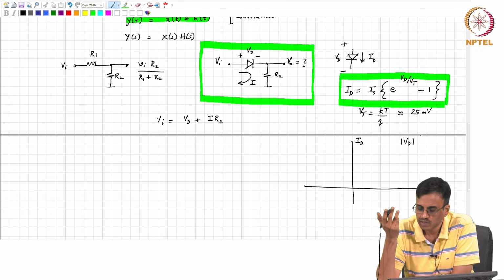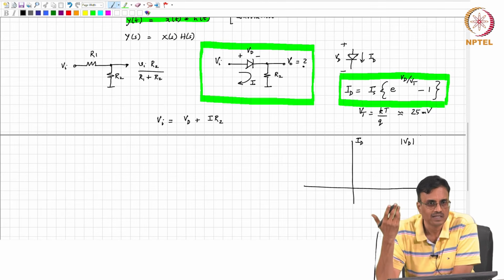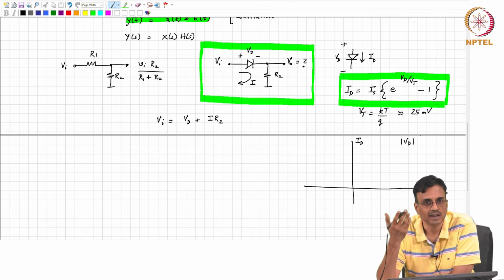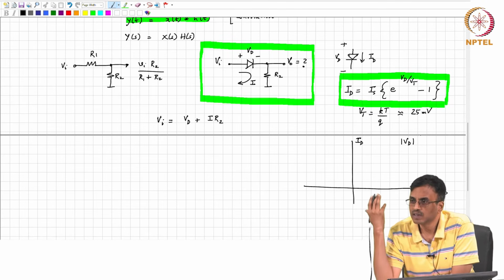Similarly, when you say large Vd, it must be in comparison with something else, and that something else depends on context, correct. And in this context, what comment can we make about Vd? When you say a large negative Vd, what does it mean? It must be with respect to Vt.